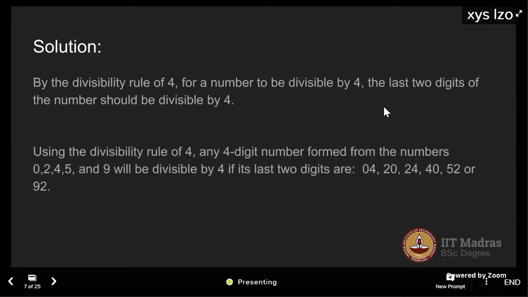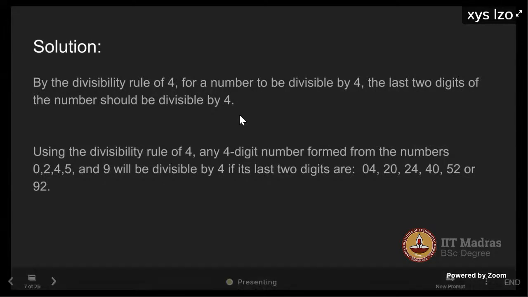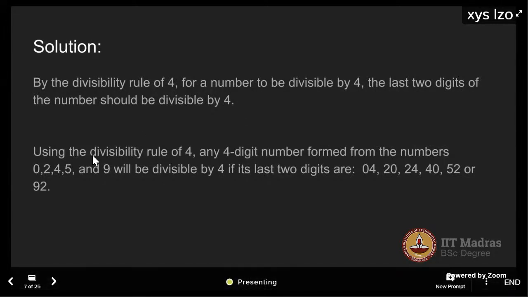It says that if the last two digits of a number are divisible by 4, the whole number is divisible by 4, right? So using the divisibility rule of 4, I can say if my last two digits are any of these 6: 04, 20, 24, 40, 52 or 92, then my number will be divisible by 4, right?